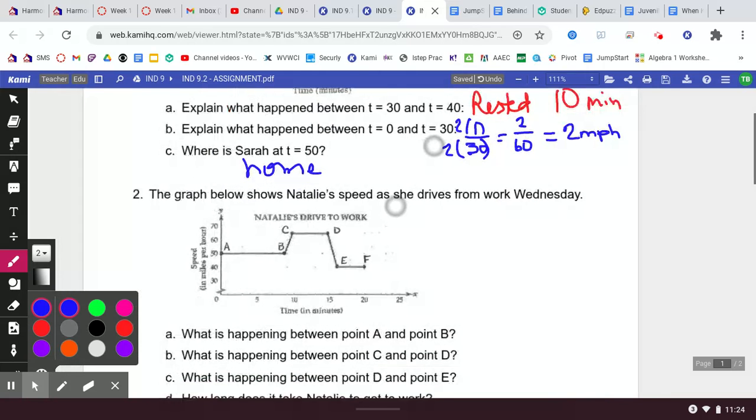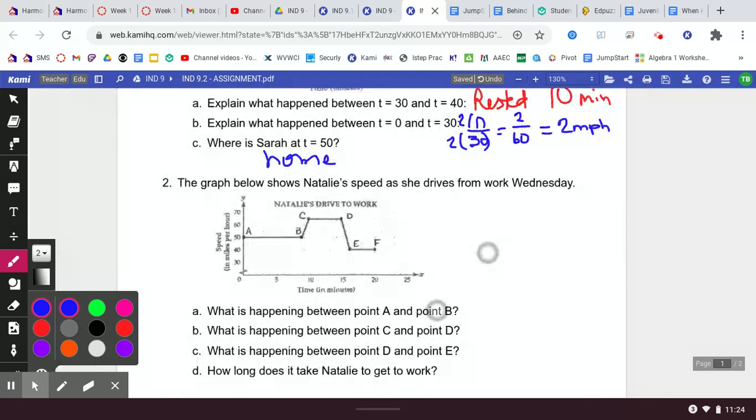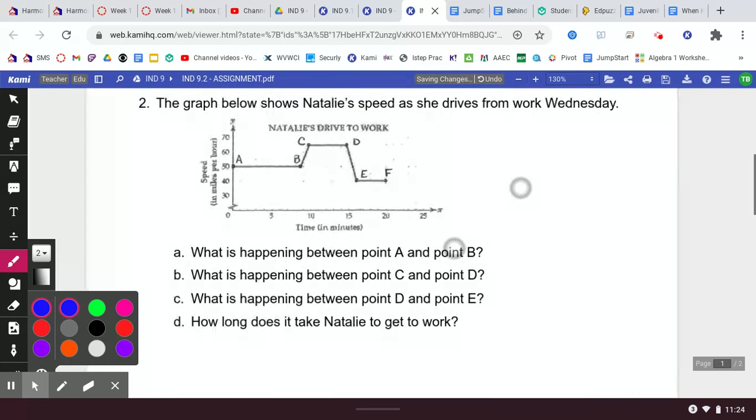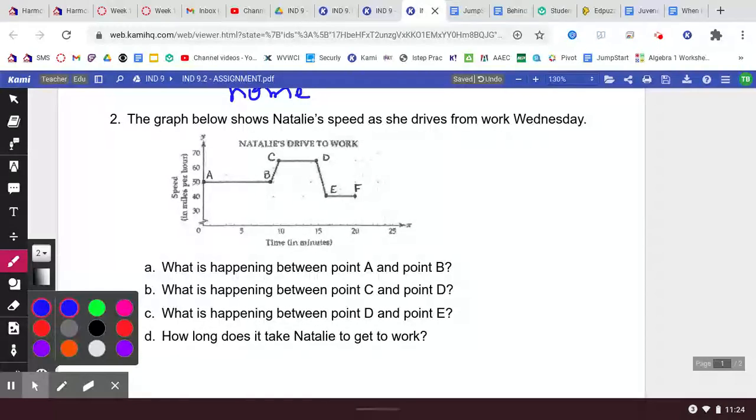All right, so the next graph is our first look at speed along the y-axis. We talked about in the video how that changes how you answer things. Camden, what is happening between point A and point B?